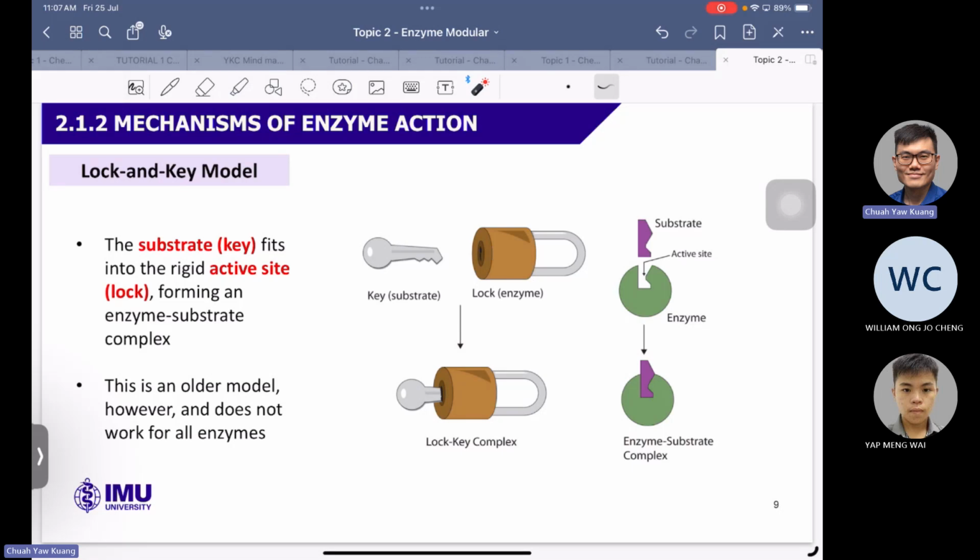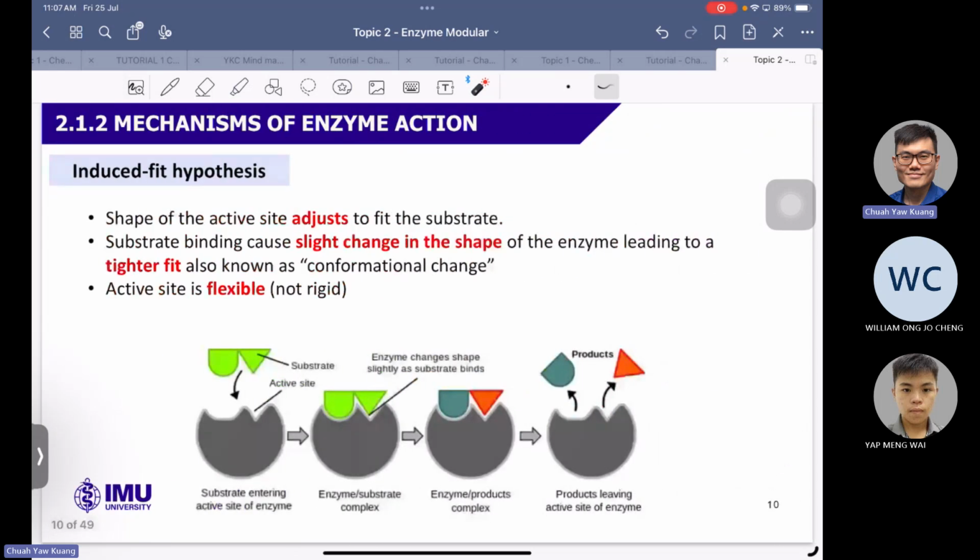That's why Dr. Koshland came up with a second hypothesis, a modified, enhanced version of the lock and key. Lock and key suits most enzymes, but fails to explain some, so the induced fit hypothesis tries to explain that phenomenon.